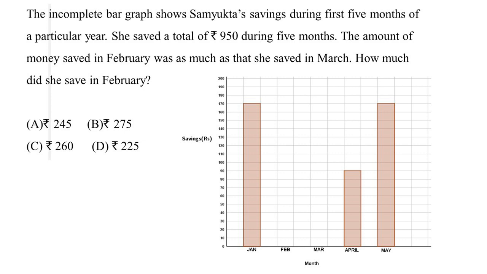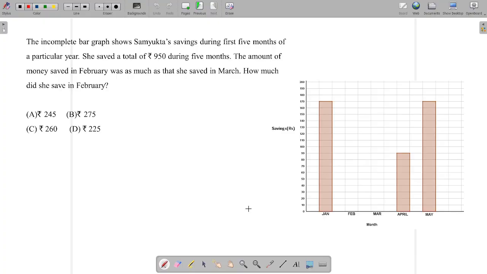How much did she save in February? There is a bar graph given, January to May. February and March have equal savings, and we have to find February's savings.